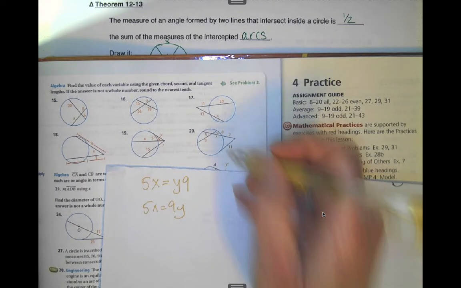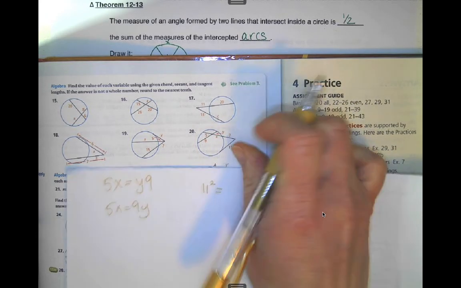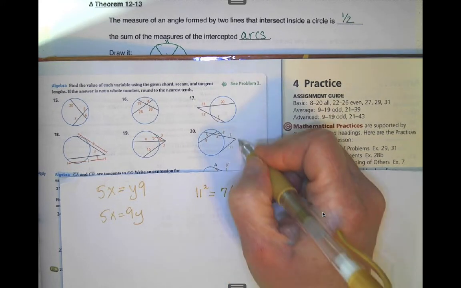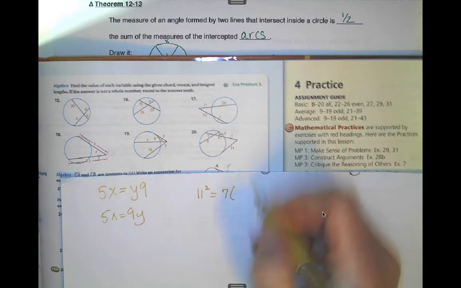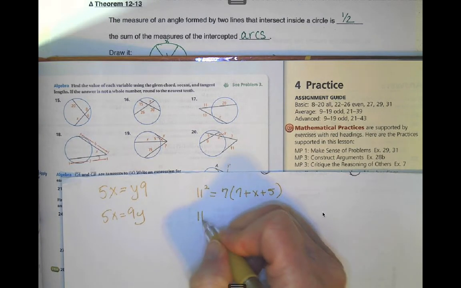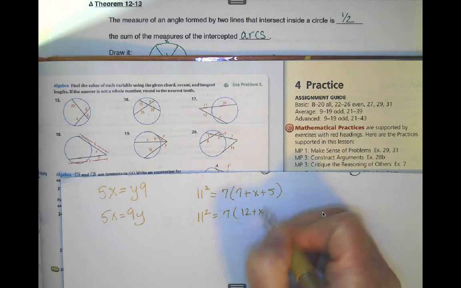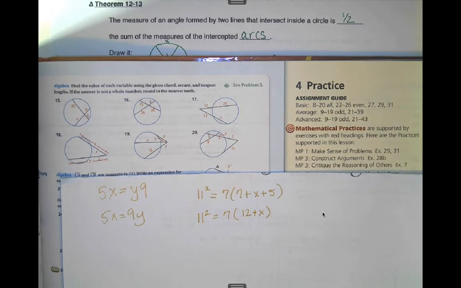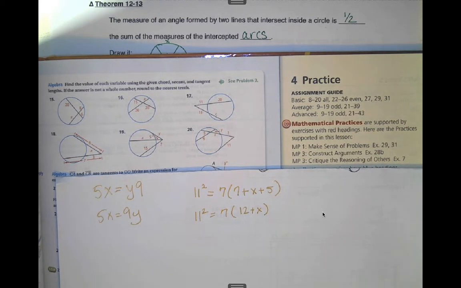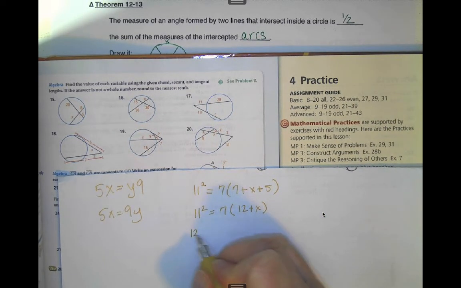So I have point to circle times point to circle, so that's 11 squared, equals point to circle times point to circle. So this one we have 7 plus x plus 5. So 7 plus 5 is 12 plus x. What I would do here is distribute that 7 and square this 11.